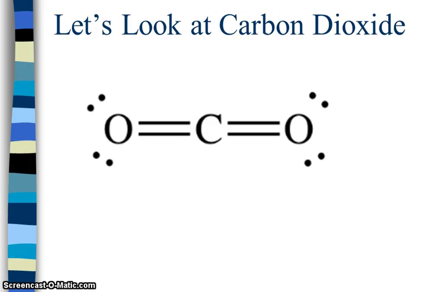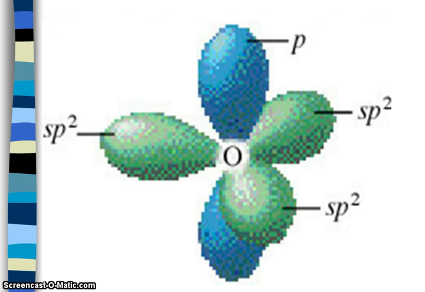So let's look at carbon dioxide. We have two different things we need to look at here. We need to look at the oxygen and the hybridization that takes place there, and we need to look at the carbon and the hybridization that takes place there. So let's start with our oxygen. Oxygen has three effective pairs. It has two lone pairs of electrons, and it's sharing a pair of electrons with carbon.